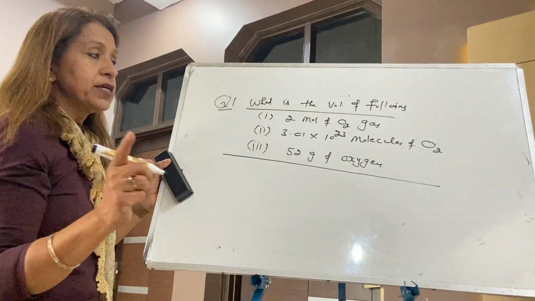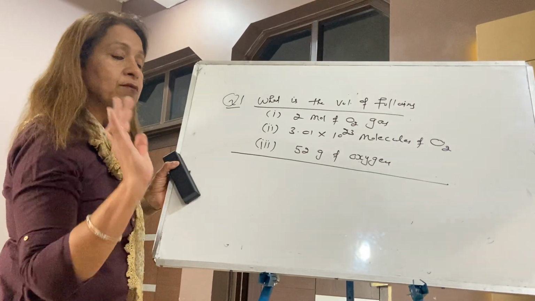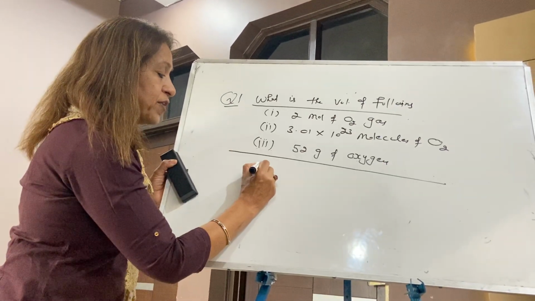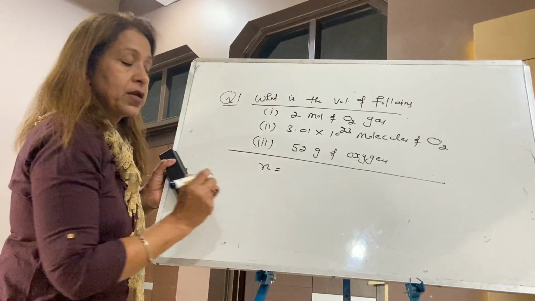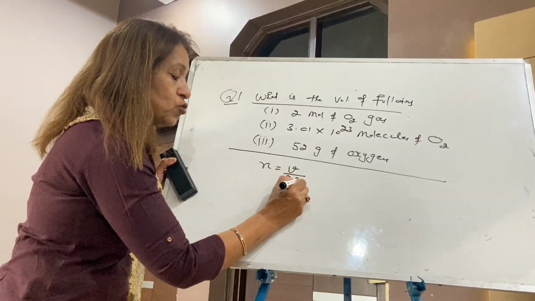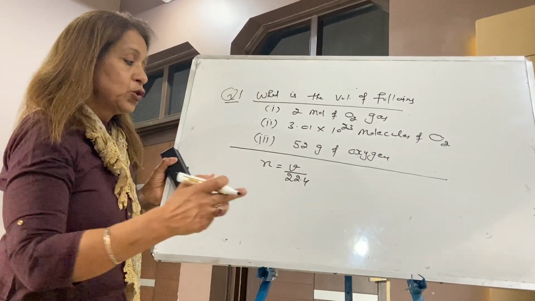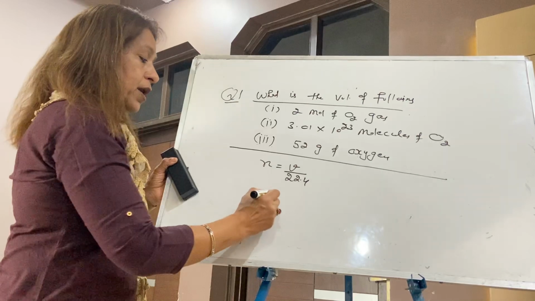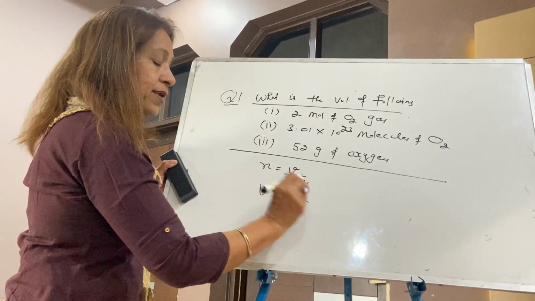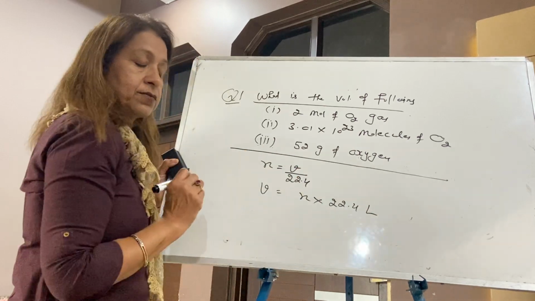My first question is, what is the volume of 2 mole of oxygen? When the question asks for volume, you will apply the fixed formula n is equal to volume divided by 22.4 liters always. Whenever the question asks for volume, you will apply this formula, and volume is equal to n multiplied by 22.4 liters.